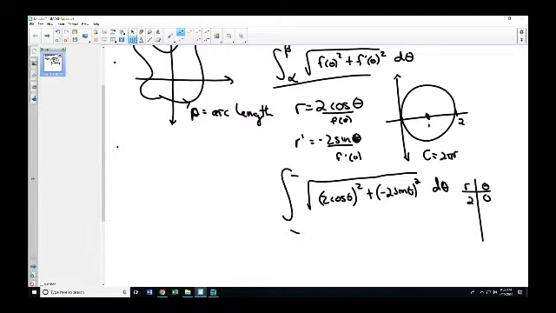Okay, so that means we actually start right there. It's like a unit circle, correct? What about pi over 2? Cosine of pi over 2 is 0.